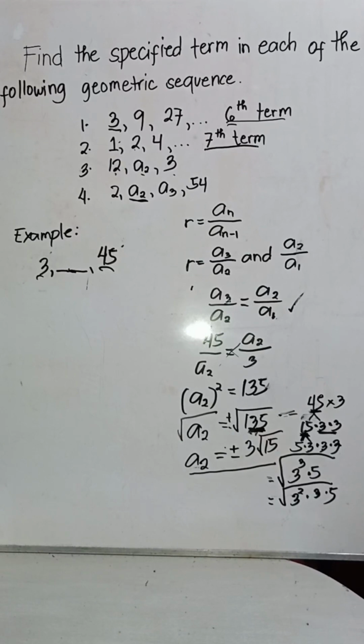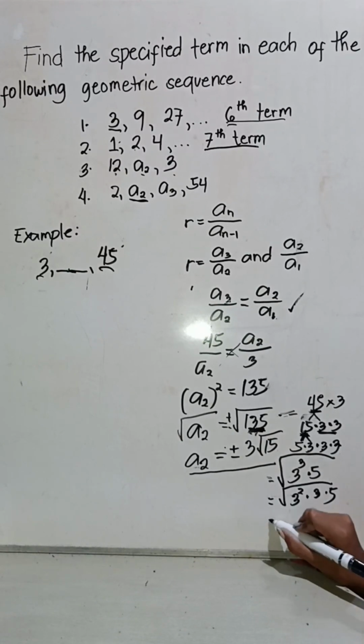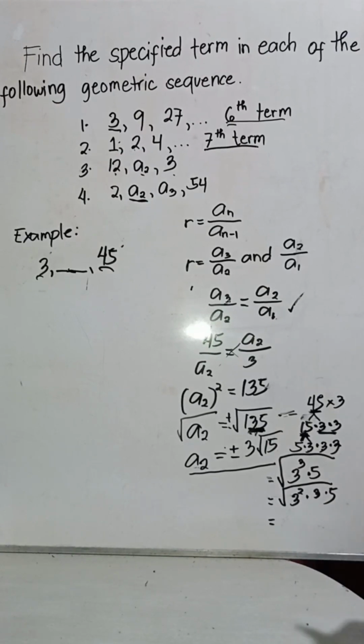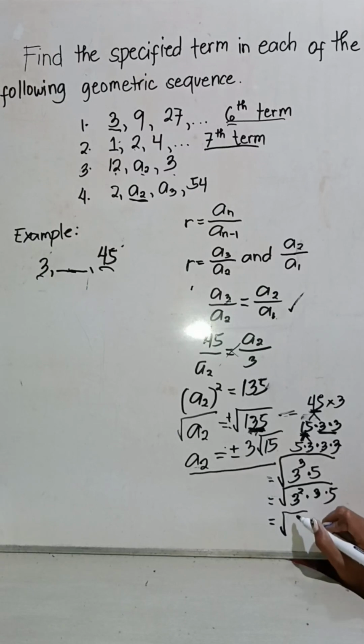Then, applying the radical rule, the square root of 3 exponent of 2 times the square root of 3 times 5.